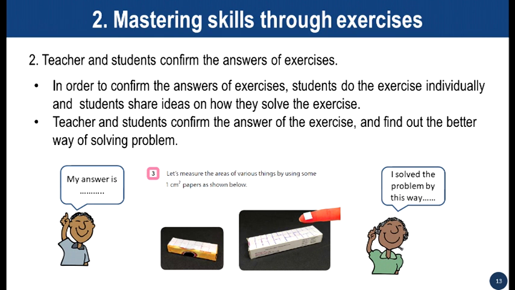Here is an example of how this is done. Task. Let's measure the area of various things by using some 1 square centimeter paper as shown below. First, the student says his answer, expressing how he thinks, and then the student happily says he solved the problem this way. He's expressing his idea.